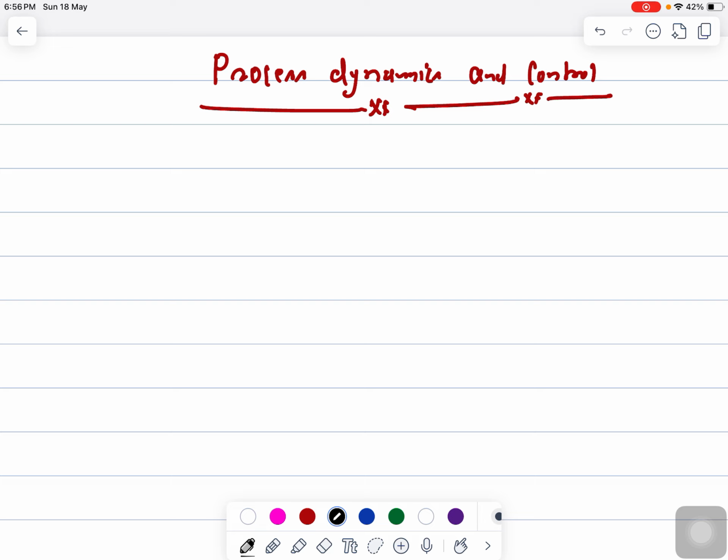When we talk about process dynamics and control, this is a very crucial subject for chemical engineers. Here you will see there is dynamics and there is control. So the system is in dynamic mode. What is the dynamic mode?